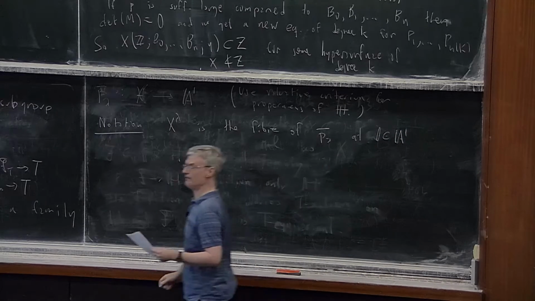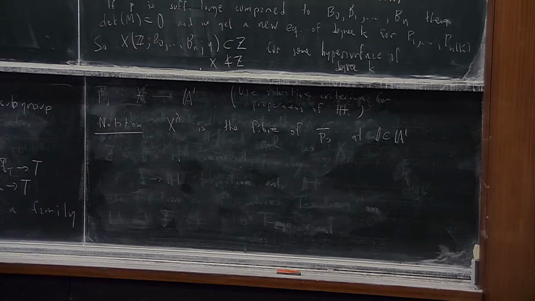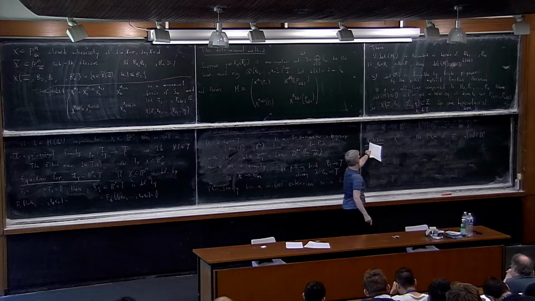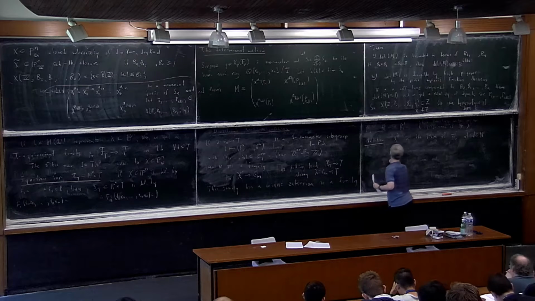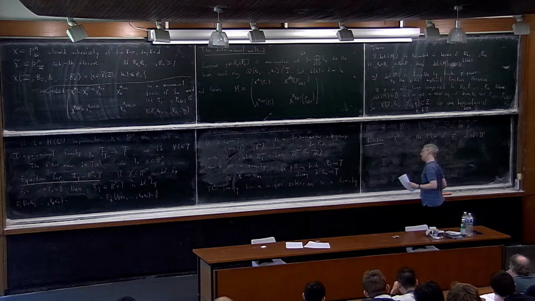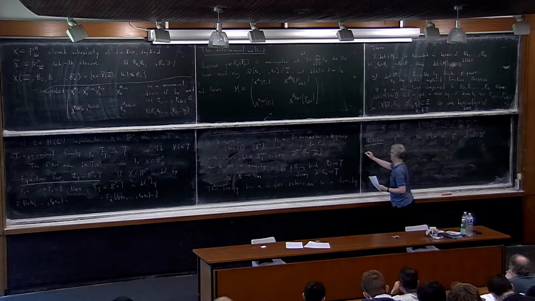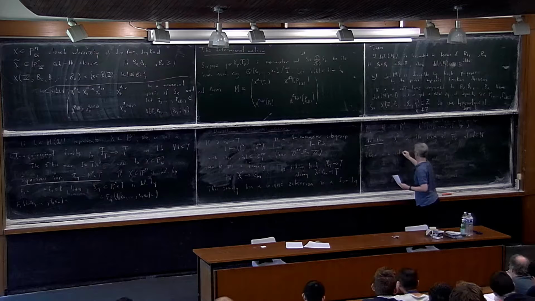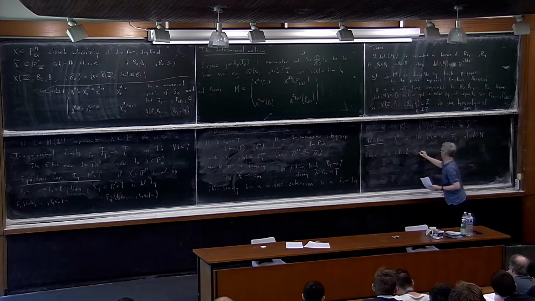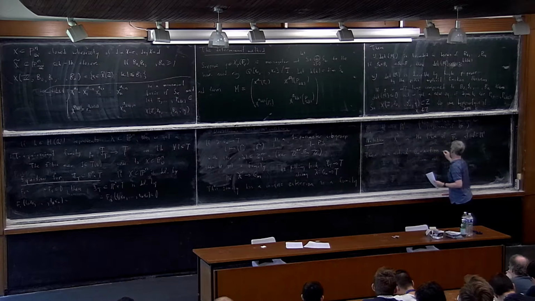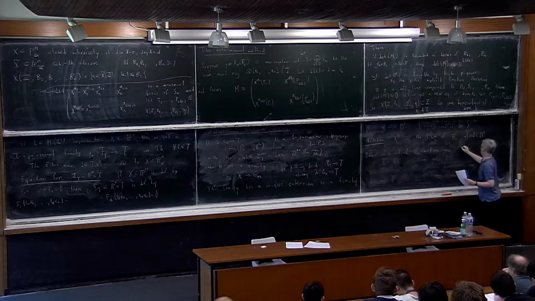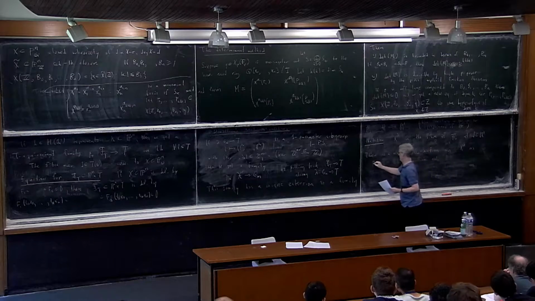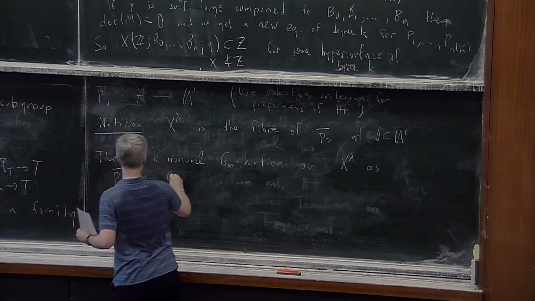Since this map is G_m equivariant, there is a G_m action on this fiber. So there is now a natural G_m action on X_λ, as P_λ bar is G_m equivariant.